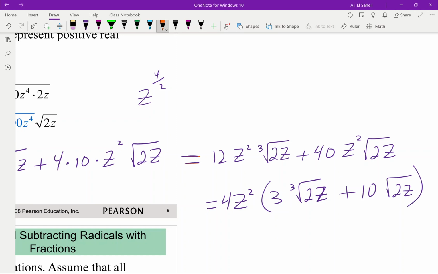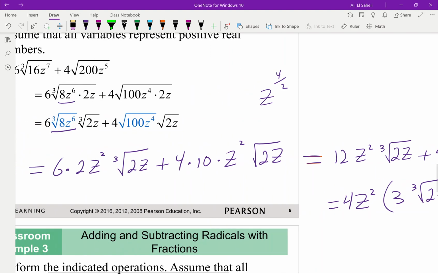Okay, there is nothing that can be done to these because this is cubic root, this is square root. Now, of course, you could put it in some different form, but this is an okay final form.